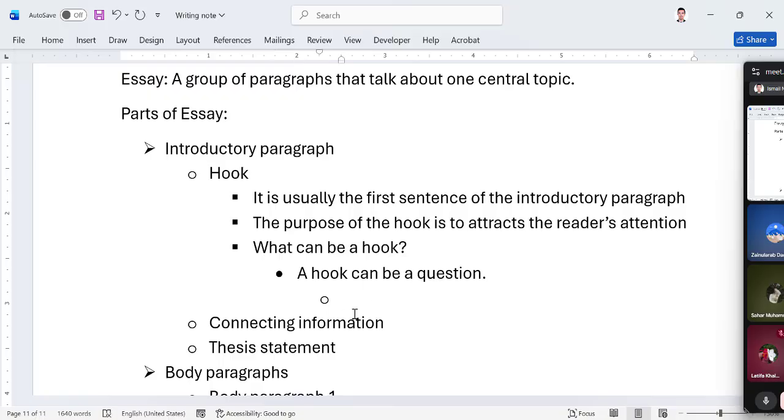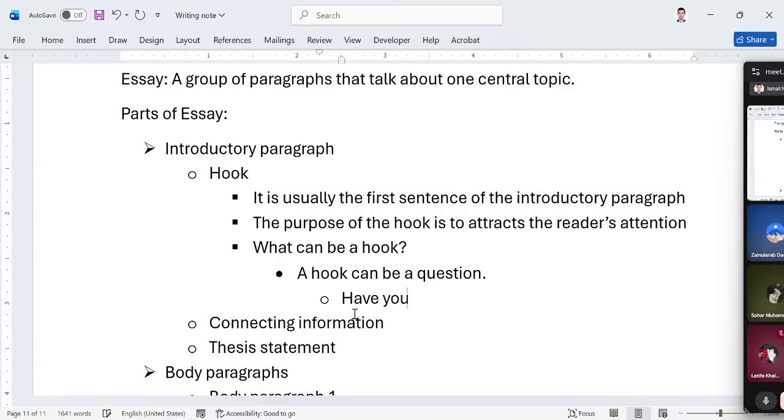For example, your essay would be about education, the importance of education, or the advantages of education. Let's write one hook about it using a question.